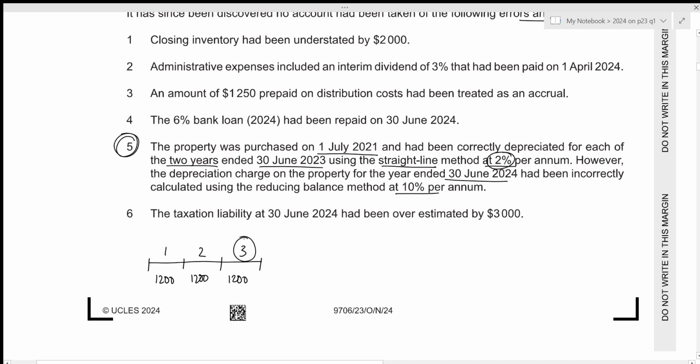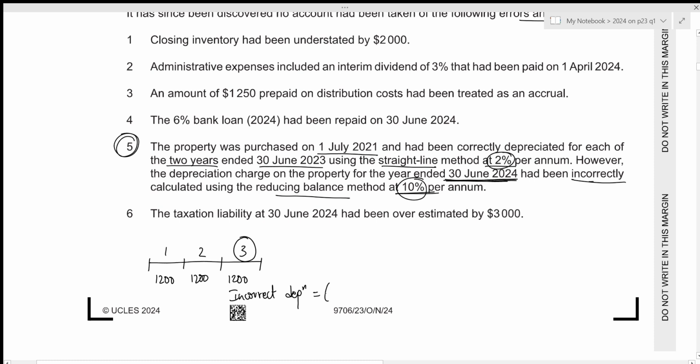But what we did for the third year is that the depreciation charge on the property for the year ended 30 June 2024, which is the third year, had been incorrectly calculated using the reducing balance method at 10% per annum. So this incorrect depreciation for the third year is calculated at the rate of 10% using the reducing balance method.